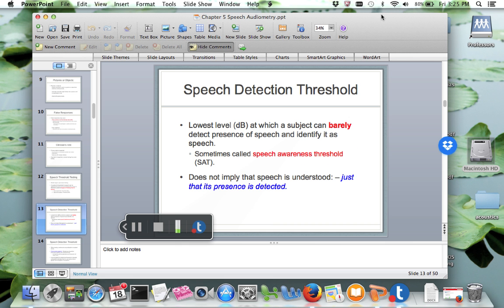Speech detection threshold is the lowest level in decibels at which a subject can barely detect the presence of speech and identify it as speech. It also is sometimes called the speech awareness threshold, or with children, the music awareness threshold. Now, the speech detection threshold doesn't imply that speech is understood, just that it was detected.